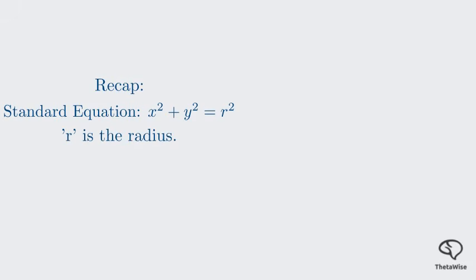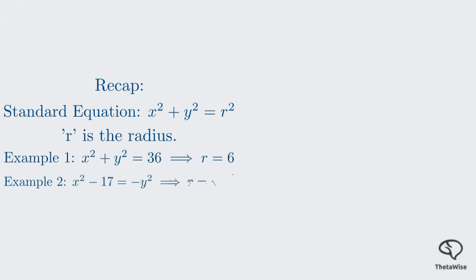We learned that the value of r represents the circle's radius. We applied this to 2 examples. The first was x squared plus y squared equals 36, which gave us a radius of 6. The second, x squared minus 17 equals negative y squared, required us to rearrange it first to find a radius of the square root of 17.